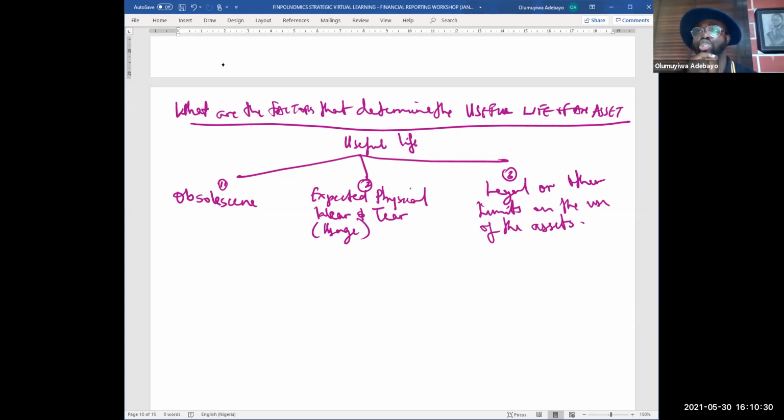Therefore, you are going to depreciate such an asset, which is the right-of-use asset, only over 6 years rather than over the 10 years in which the asset will last. Why? Because after 6 years, you lose your legal right to control the asset. Does that make sense? Okay, now these are the 3 factors that we consider in determining the useful life of the asset.